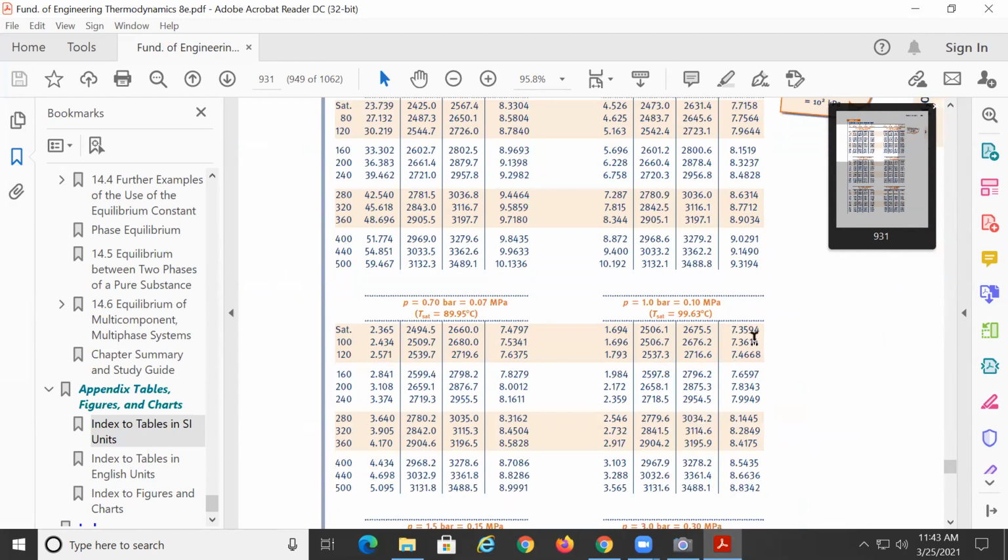Now we need to find 7.5308. So it's going to be between these two values, no? Okay, I'm going to have to interpolate. All right, so let's say we're going to be at, so my S sub A will be 7.4668.